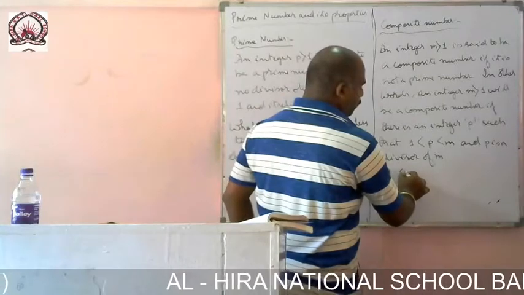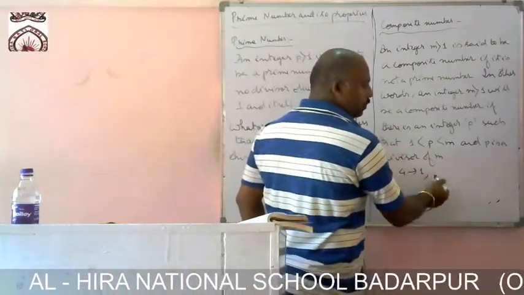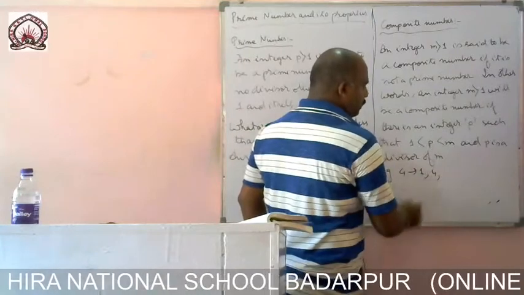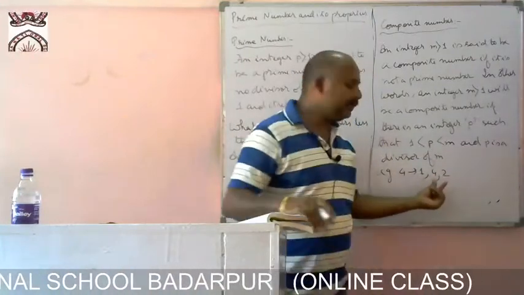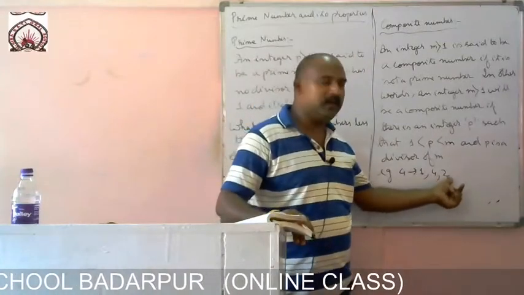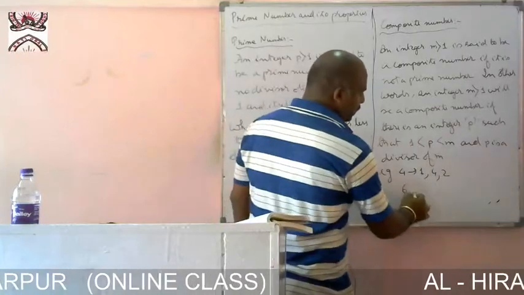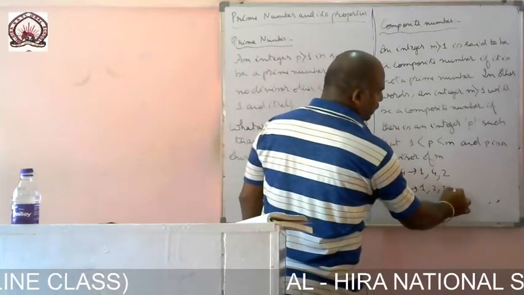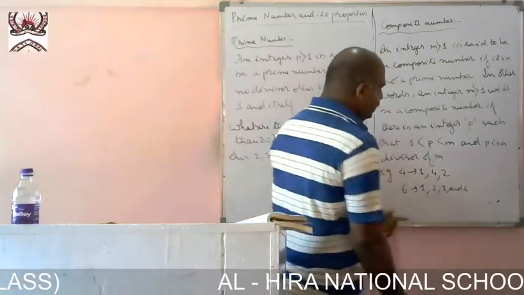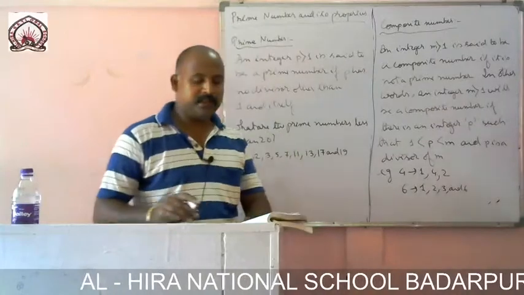Why? 1 into 4 is 4, and 2 into 2 is 4. Here the divisors are 1, 4 and 2. More than 2 divisors are present. If I consider 6: 1 into 6, and 2 into 3, 6. There are 4 divisors present.